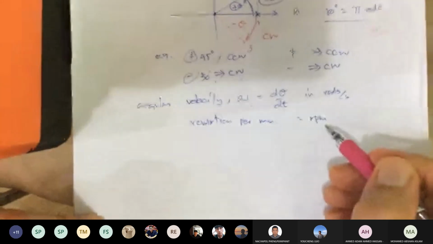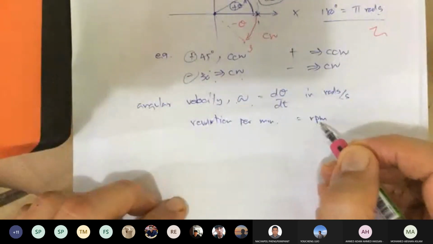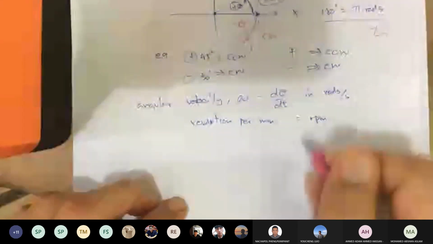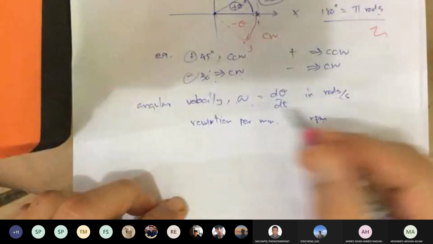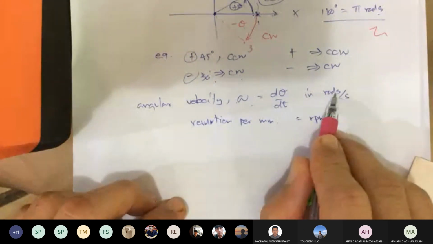So if I tell you, hey, my motor is spinning at 10 RPM, you have an idea, right? In 1 minute it's going to spin 10 loops. So people are familiar with this more compared to radians per second.